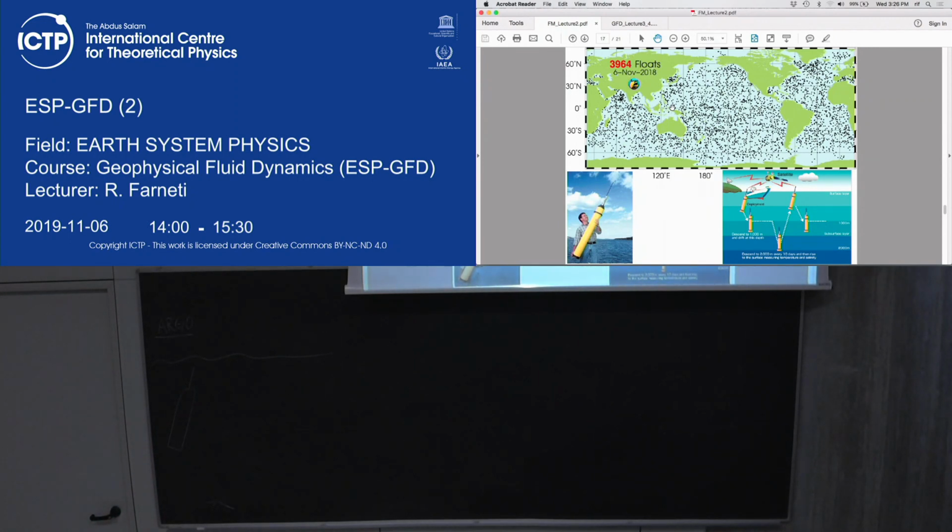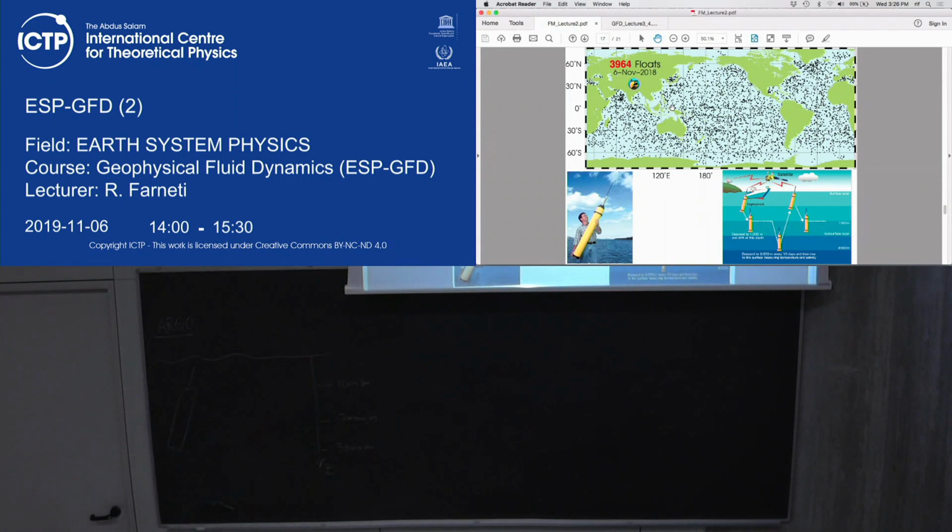What they can do is program the Argo float to change its density by increasing the pressure. So they say, I want to measure this at 1,000 meters, this at 2,000 meters, and this at 3,000 meters, for example, into the ocean.